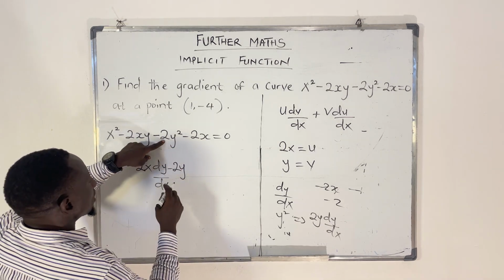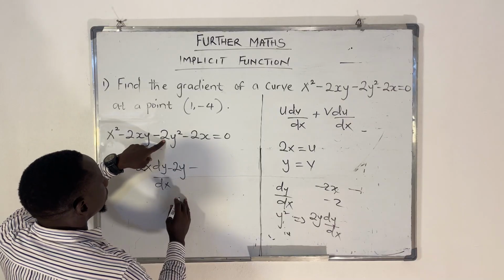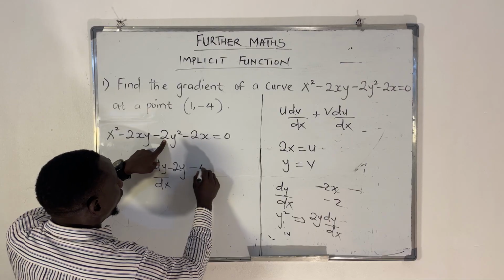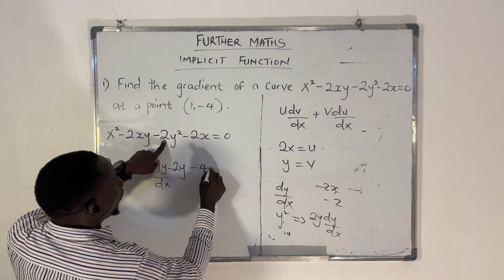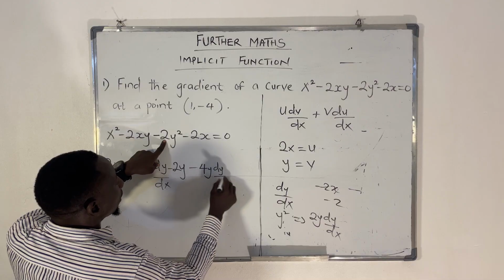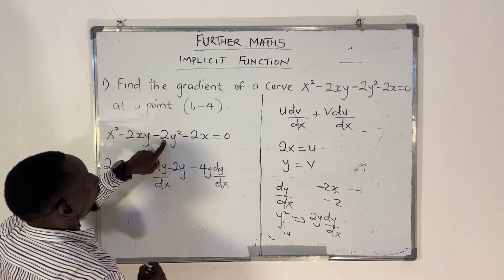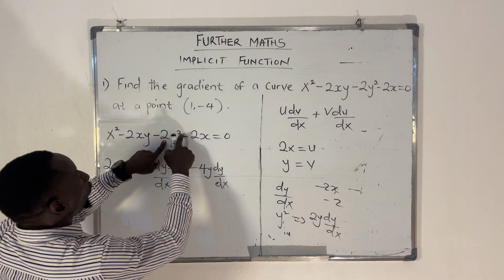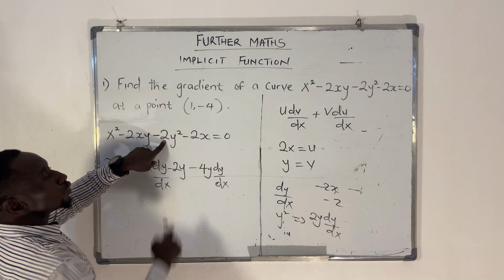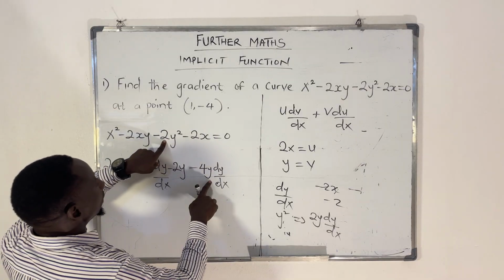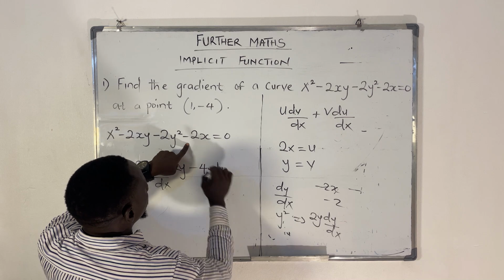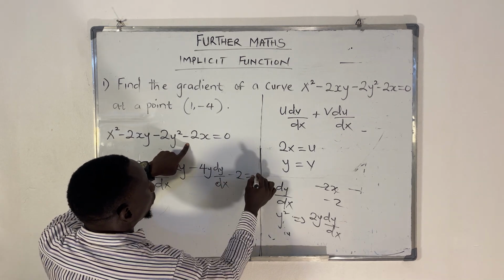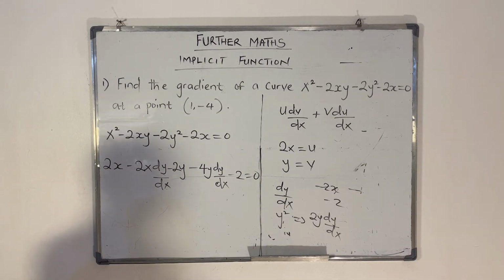When we differentiate this, we will have minus 4y dy/dx, because when you differentiate, you multiply by the power and then subtract 1 from the power. Then you differentiate this one, you have minus 2. When you differentiate 0, you get 0. So this is what we have.